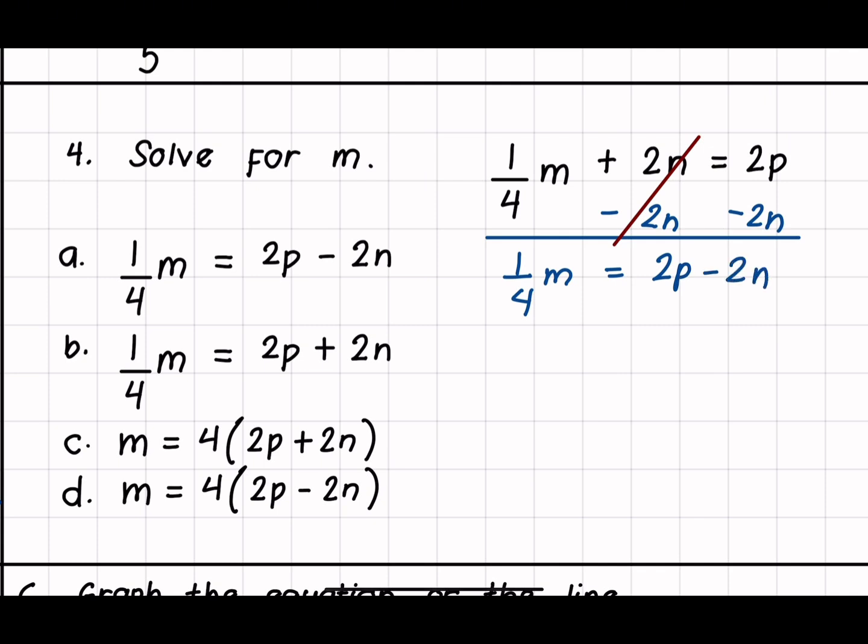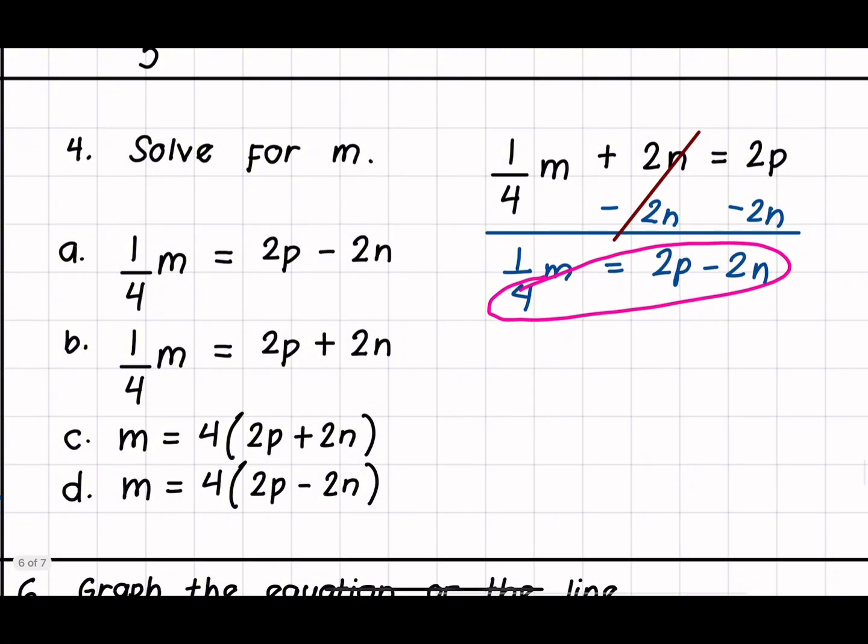Next, we can do cross multiplication. In order to eliminate 4 in our denominator, we can cross multiply 4 times 2p minus 2n.